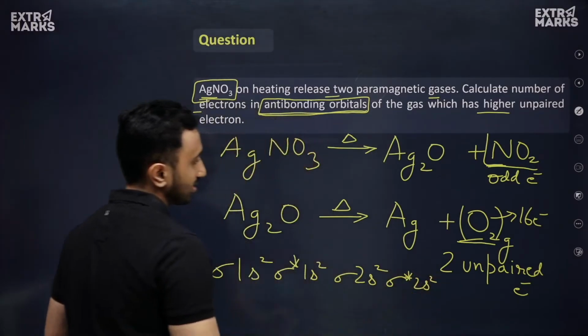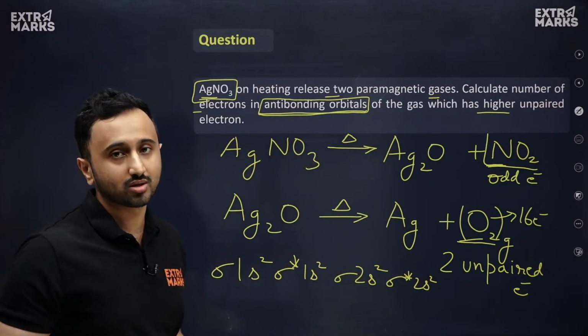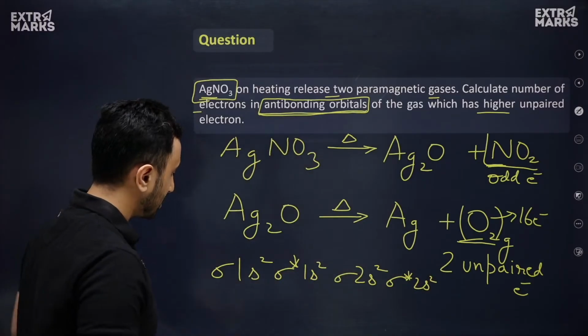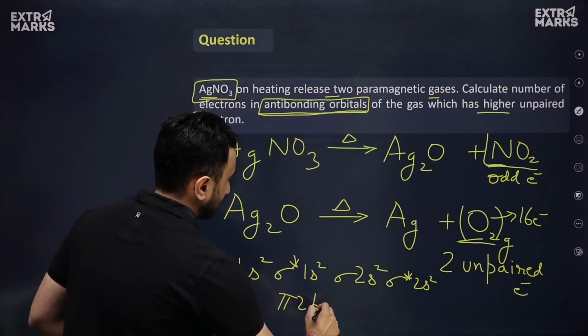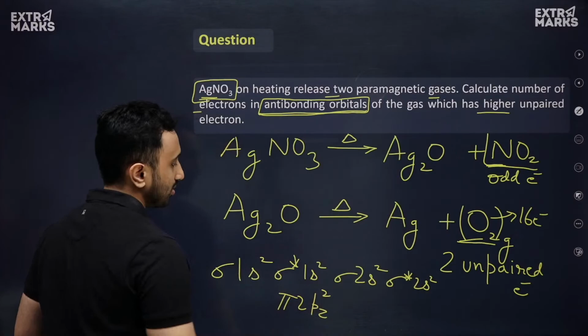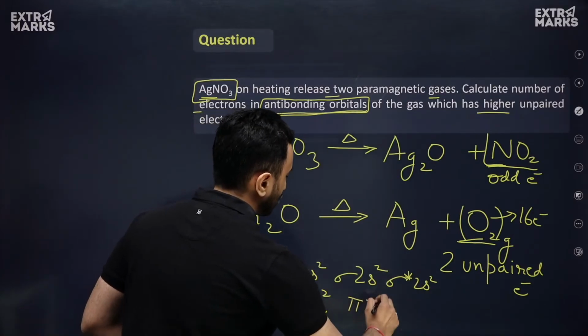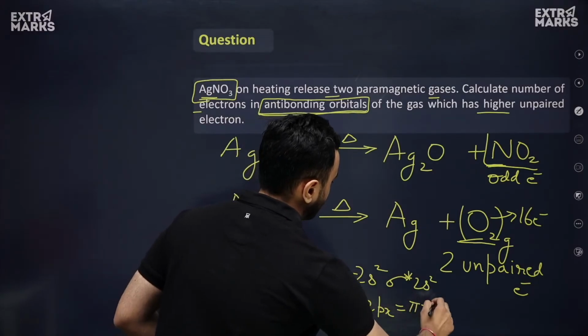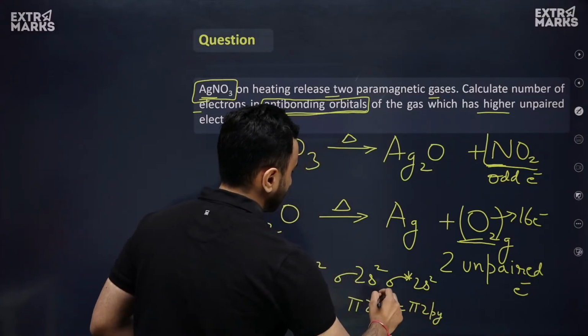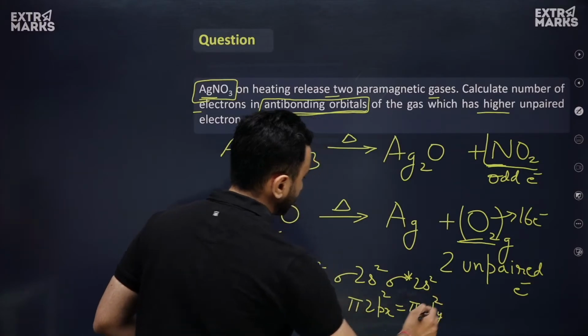Then after this, as it contains 16 electrons, which is more than 14, here we will write pi 2pz 2, now pi 2px equal to pi 2py. Here also both of them will contain 2 electrons.